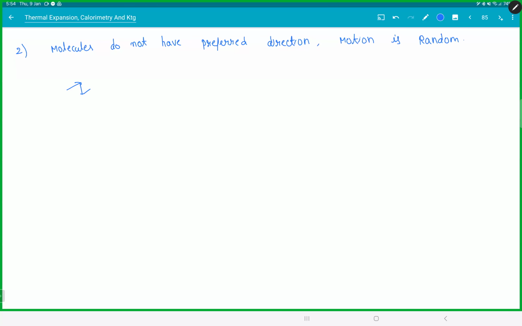So if you look at the path of a particle, it's completely random, and this gives you average displacement is zero. We discussed about this before also, Brownian motion. Therefore, the average velocity is also zero.